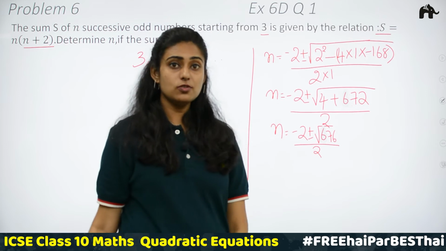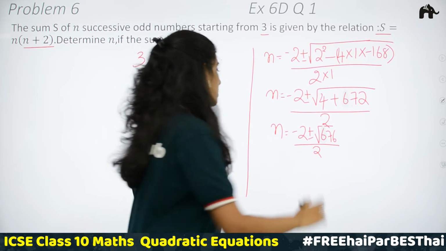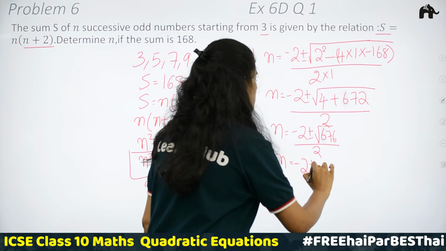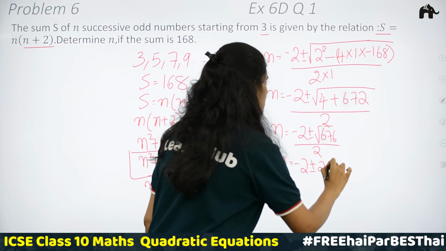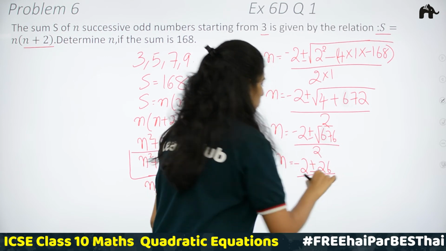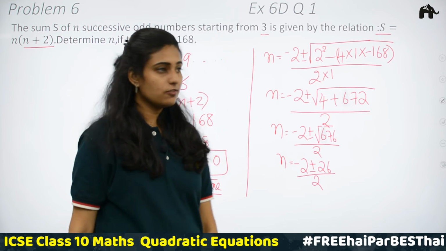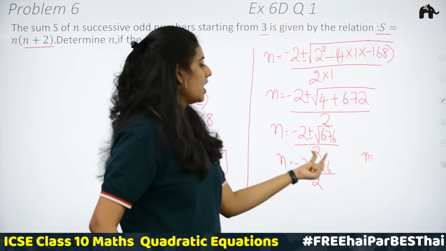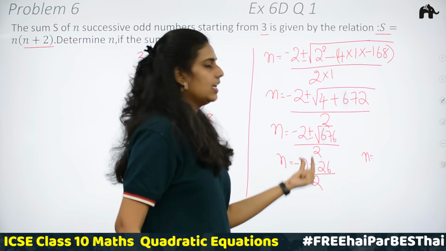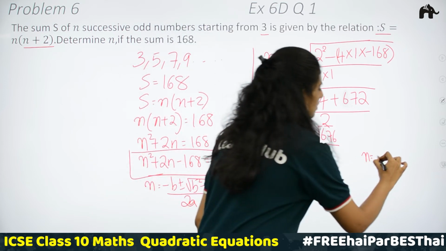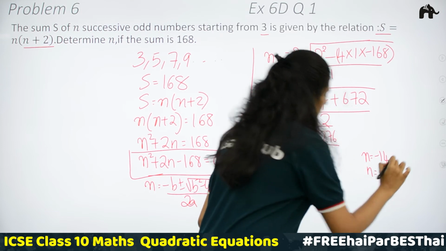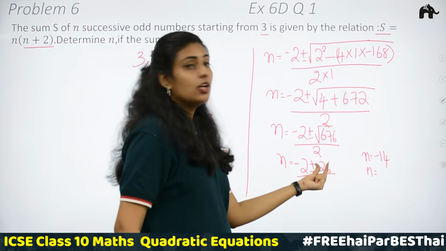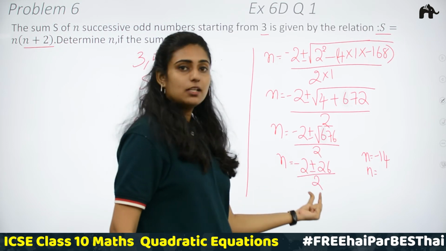What is root of 676? It is 26. N is equal to minus 2 plus or minus 26 divided by 2. Then what are the values of n? N is either equal to minus 2 minus 26, minus 28 divided by 2, minus 14, or n is equal to minus 2 plus 26, that is 24. 24 divided by 2, 12.